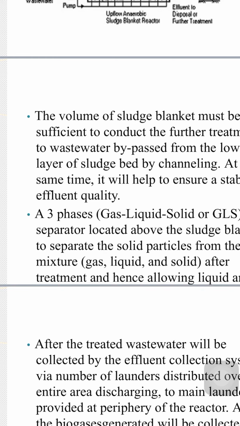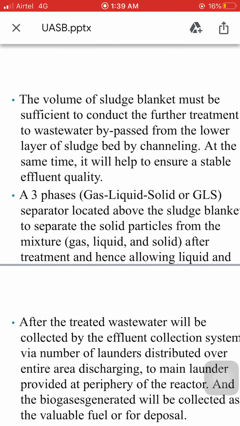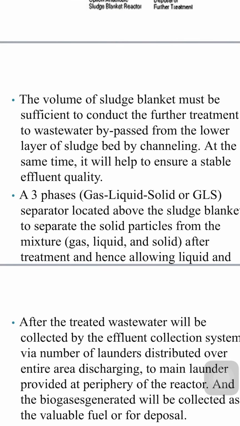The volume of the sludge blanket must be sufficient for contact to further treat the wastewater passing from the lower layer of the sludge by channeling. At the same time, it helps to ensure a stable effluent quality.